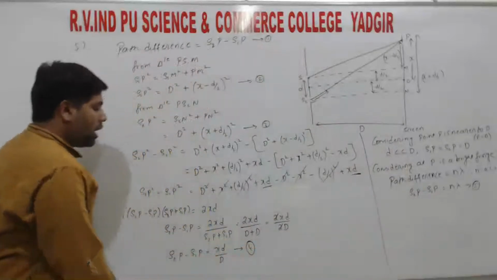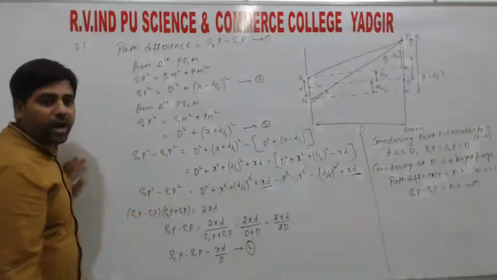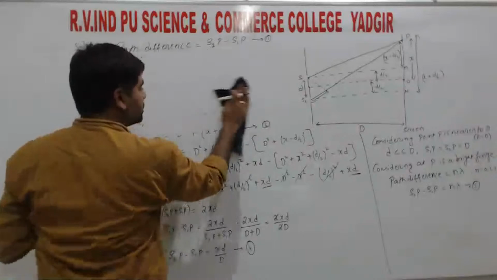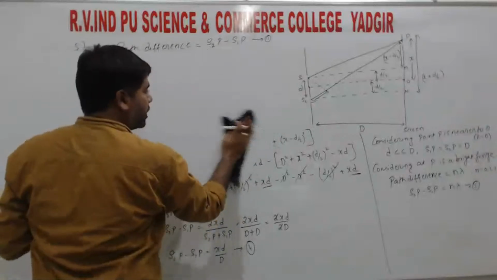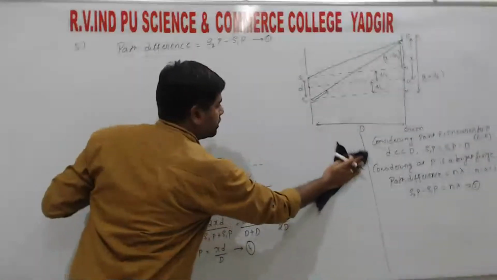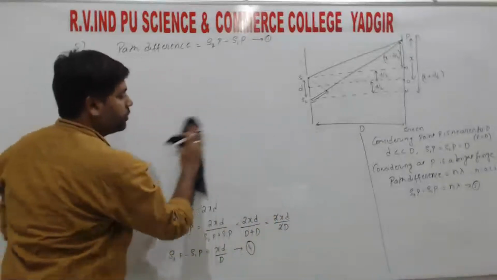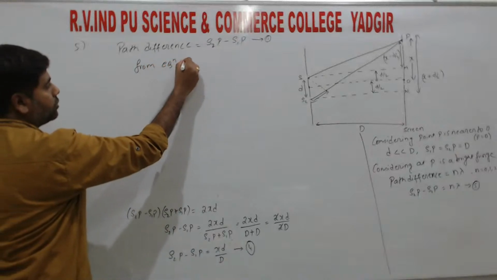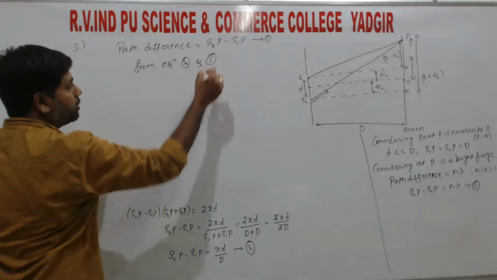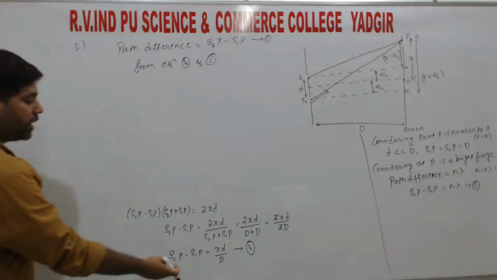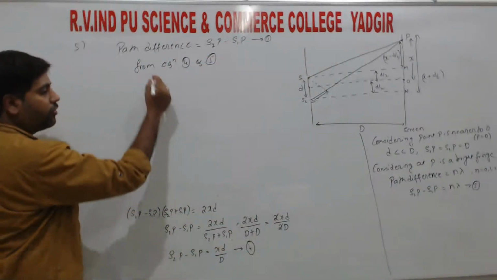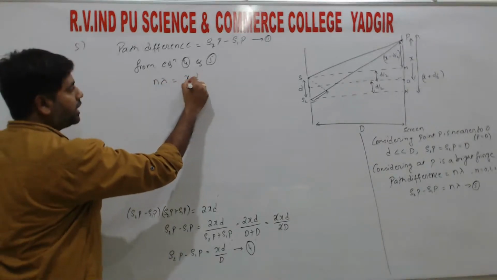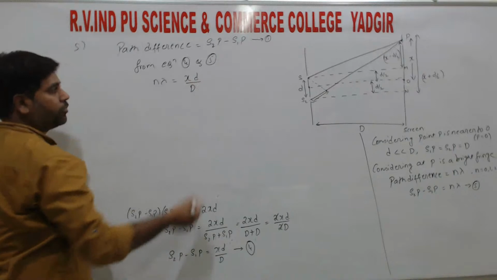So now observing equation 4 and 5. From equation 4 and 5, in LHS the path difference is the same, so we can equate the RHS, that is n lambda is equal to xd divided by D, right?